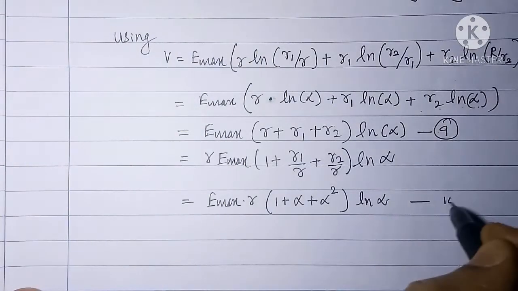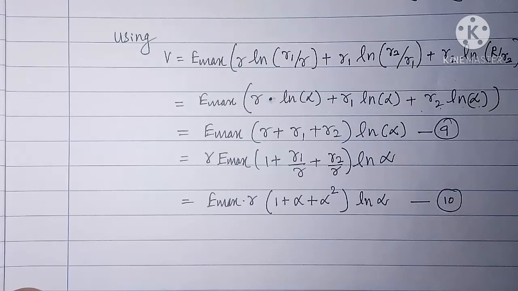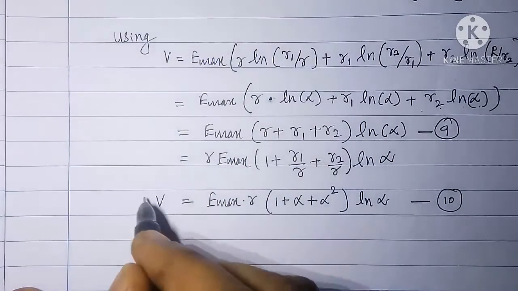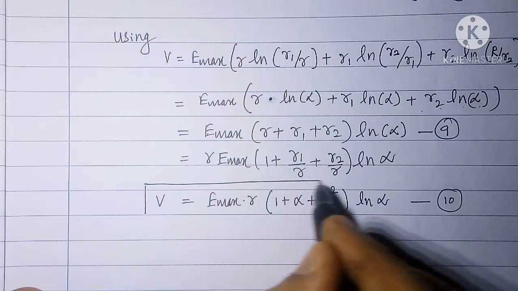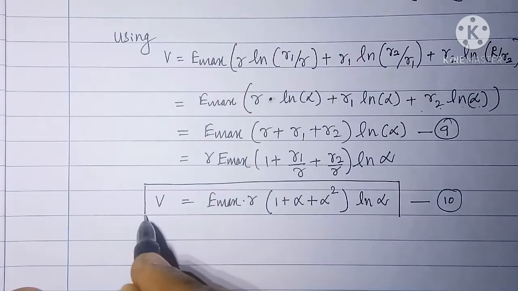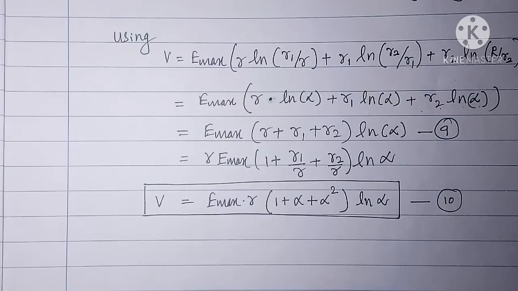Now let us call this as equation 10. So this is an expression for operating voltage of cable having intersheath grading.